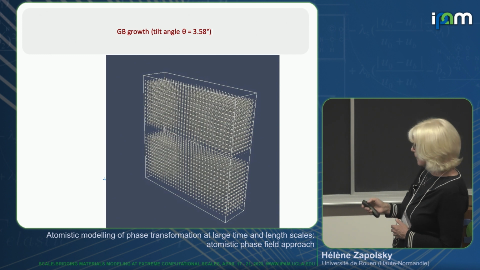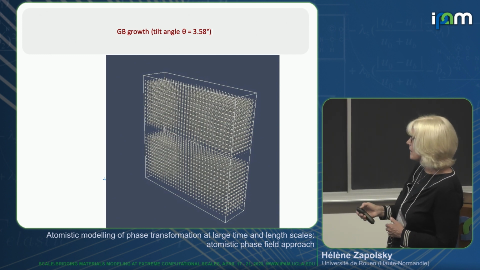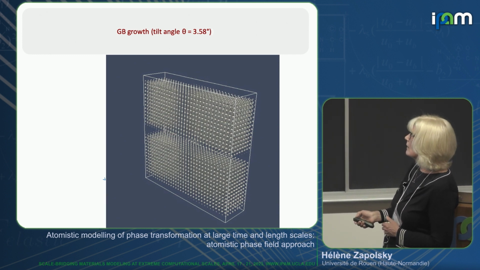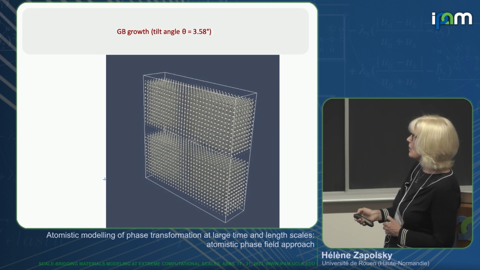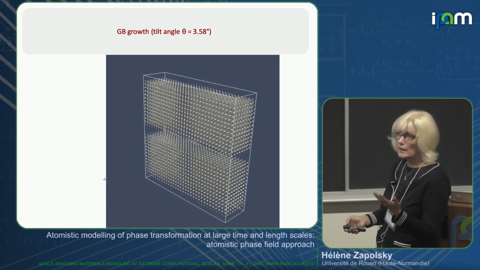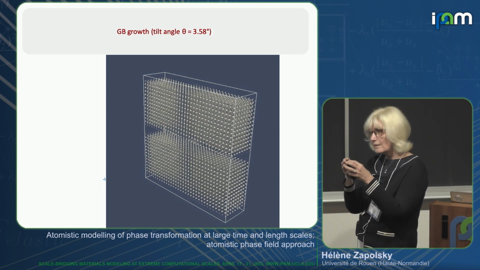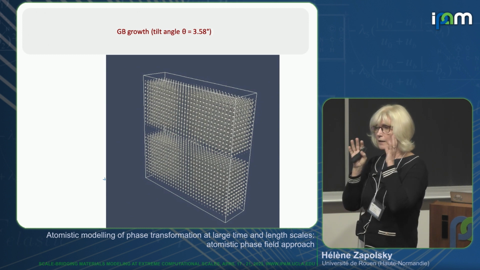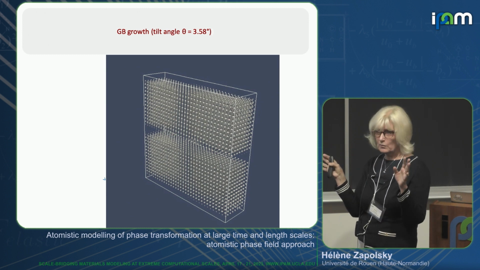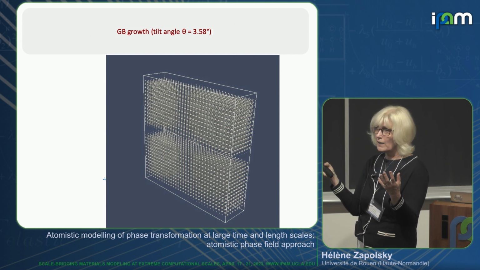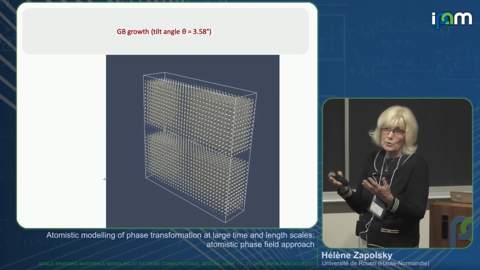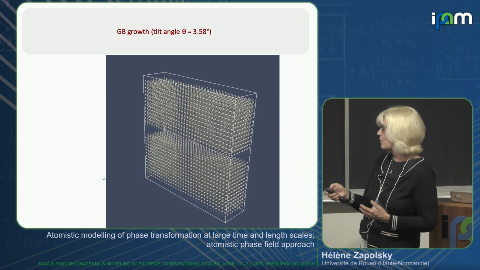Using this, the initial configuration in this case is two crystals rotated by some special angle, and we put a liquid between both, because unlike in molecular dynamics, we don't relax near some configuration. We put a real liquid and we don't know what we will obtain. The liquid crystallizes and the minimal free energy will dictate the crystal structure of our grain boundary.